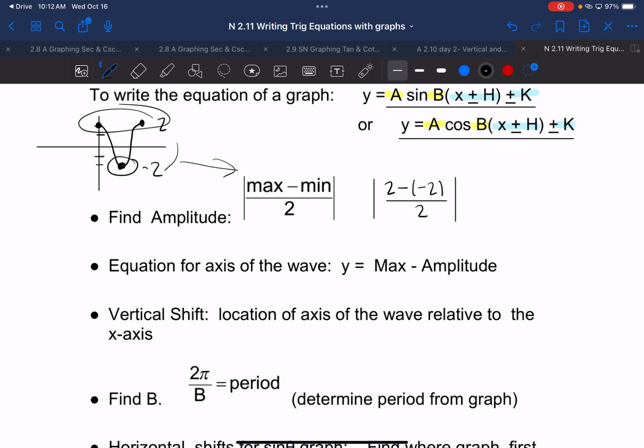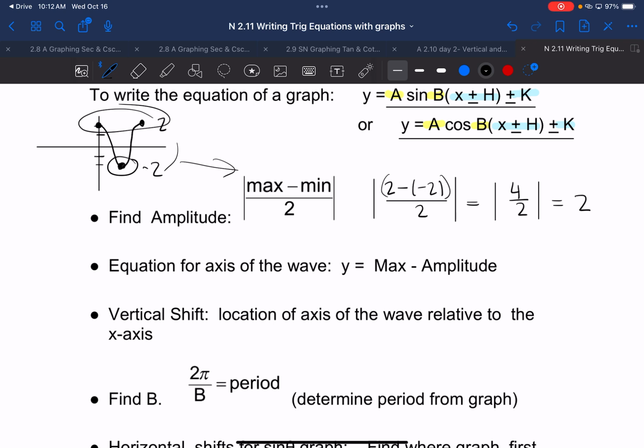All right, so order of operations says I want to take care of what's up here in the top first, right? So minus a negative really means what? Plus. So this is really 2 plus 2 in the top. Okay, so this would be equivalent to 4 over 2, which is going to simplify to 2. And the absolute value of 2 is 2, right? It doesn't change its sign.